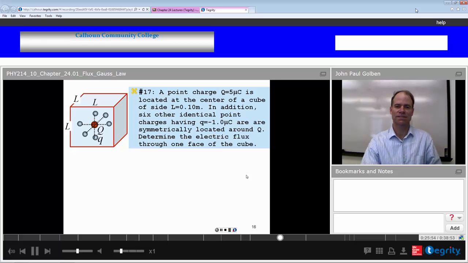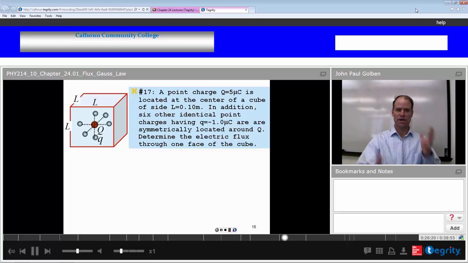Let's try an example. A point charge, big Q, equal to 5 microcoulombs, is located at the center of a cube of side length 0.1 meters. In addition, 6 other point charges, having little q equal to negative 1 microcoulombs, are symmetrically located around big Q. Determine the electric flux through one face of this cube.